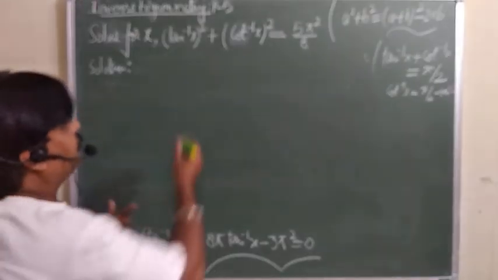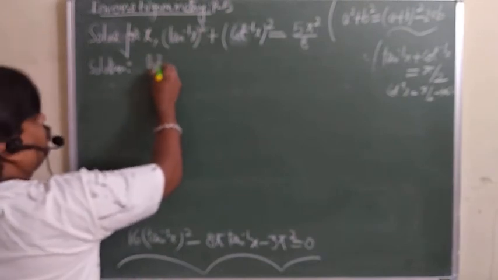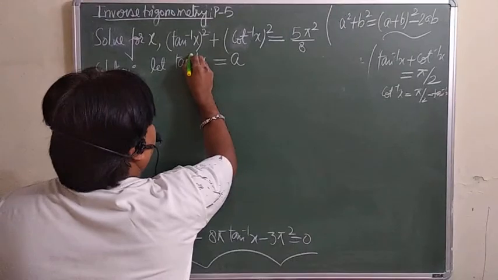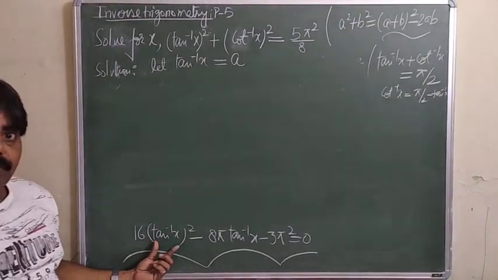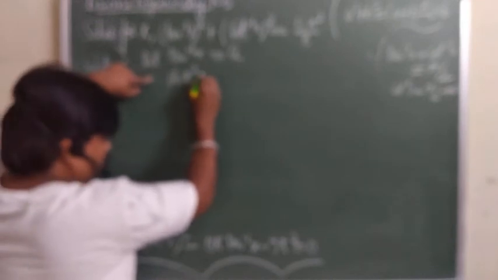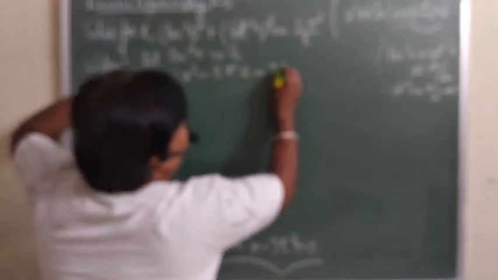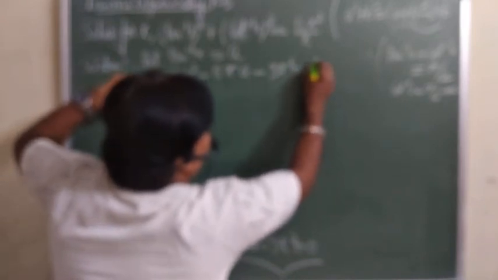For our own convenience, I am going to assume tan inverse x is equal to a. So you will get the equation 16a square minus 8 pi a minus 3 pi square is equal to 0.